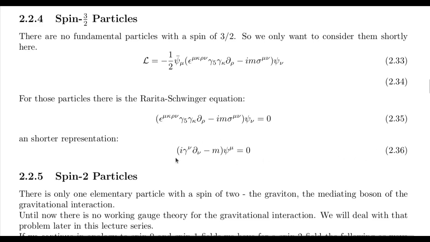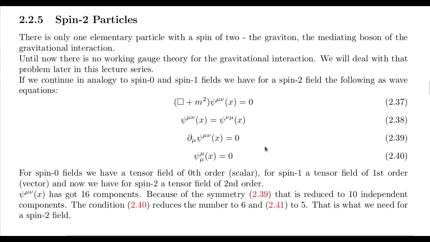Here we see that we can say it is the Dirac equation, but here we have an index, the same as if we make a transition from spin 0 particles to spin 1 particles.